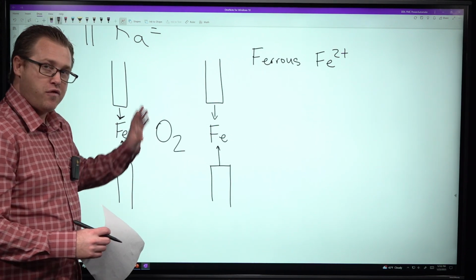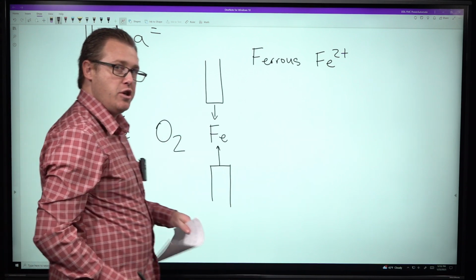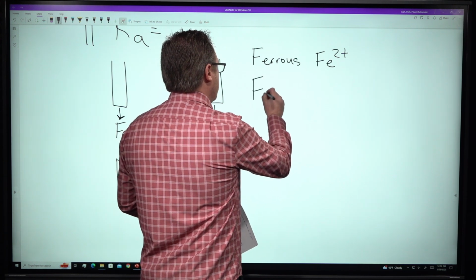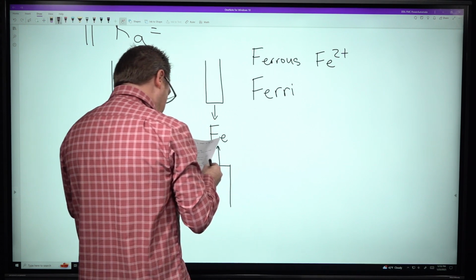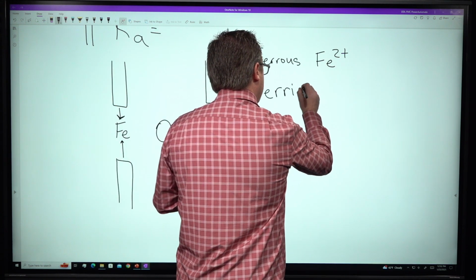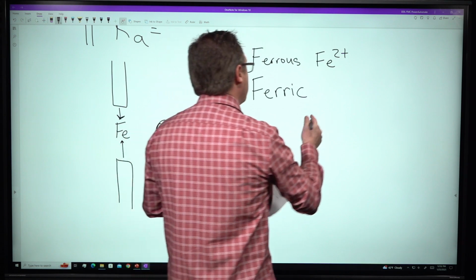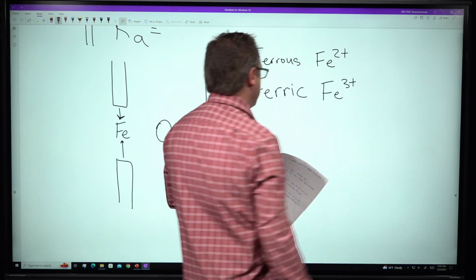But with just free heme floating around, oxygen is going to be sandwiched between 2 hemes, and that's going to oxidize the iron. And that's going to give us the ferric state, which is iron 3 plus.